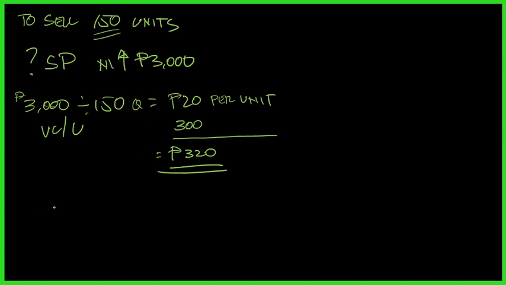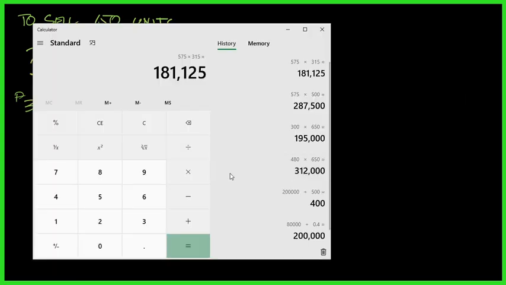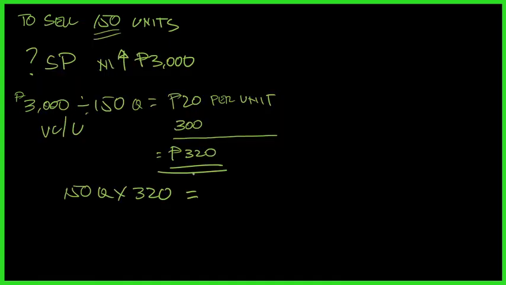Now, if you want to check, you have 150 units, you multiply that by 320, 48 yata ito. I-recompute pa rin natin para makasigurado. 320 times 150, 48, yes, 48,000 pesos.